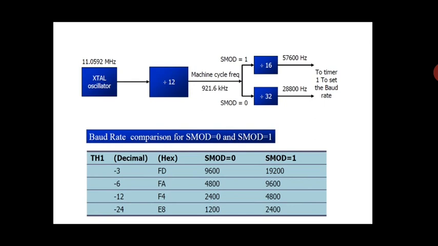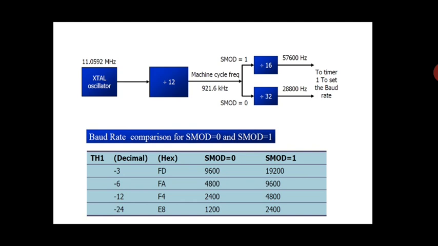Now look at this. If SMOD is equal to 0, it is divided by 32, which is the normal operation. 921.6 kilohertz divided by 32 gives 28800 hertz when SMOD is 0.